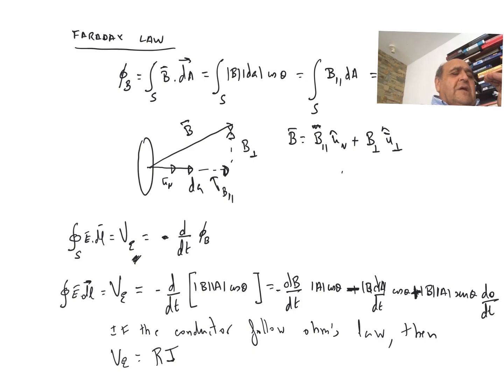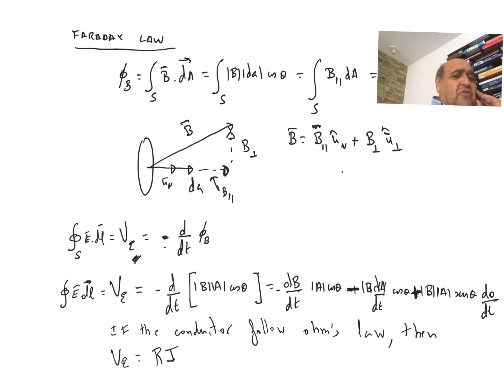If the flux is growing, the variation is positive, so the electromotive force V sub E will be negative with this minus sign.